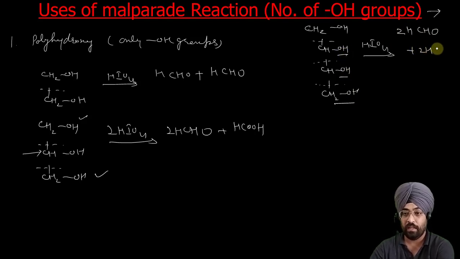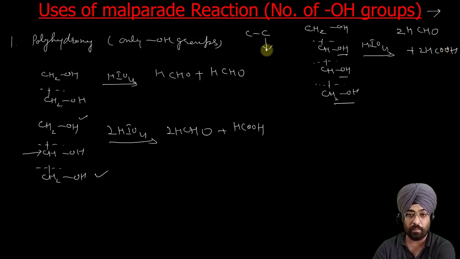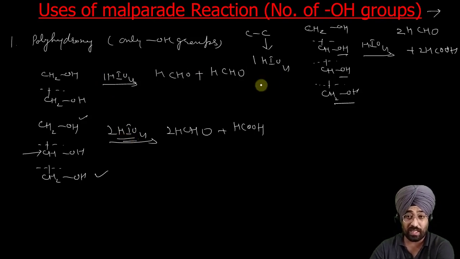Per carbon-carbon bond cleaved we need 1 HIO4. Here one bond is broken, so we need 1. Here 2 carbon-carbon bonds are broken, so we need 2. Here 3 carbon-carbon bonds are cleaved, so we will need 3 moles of HIO4.